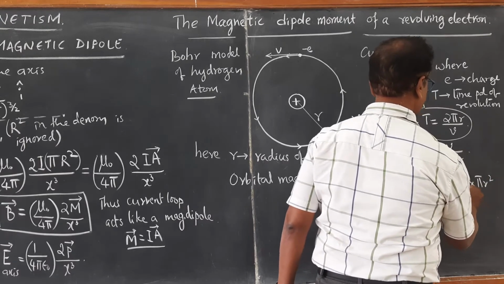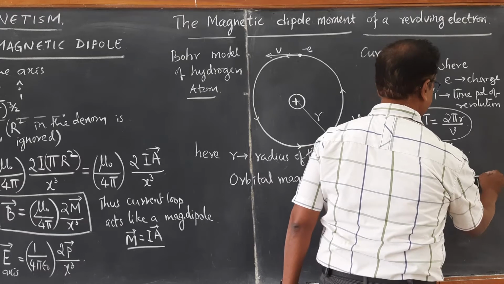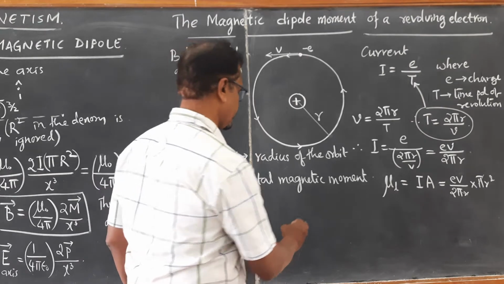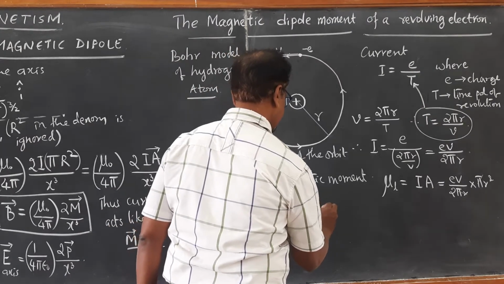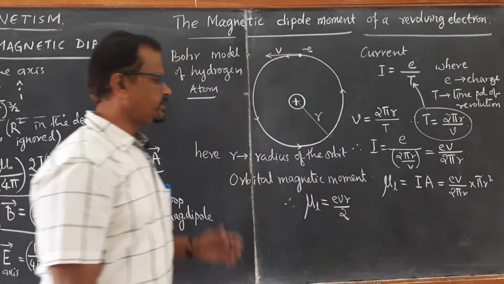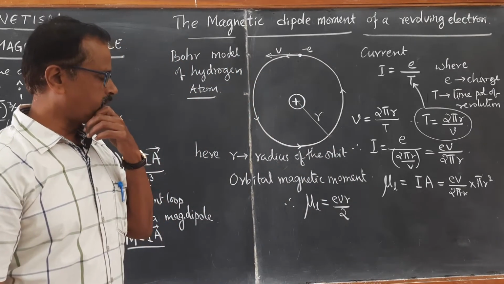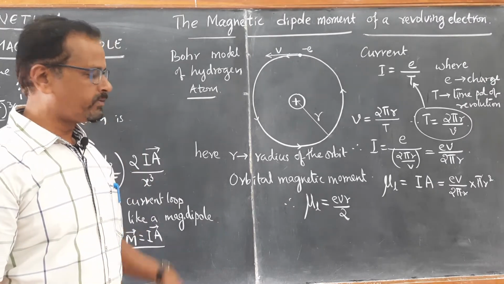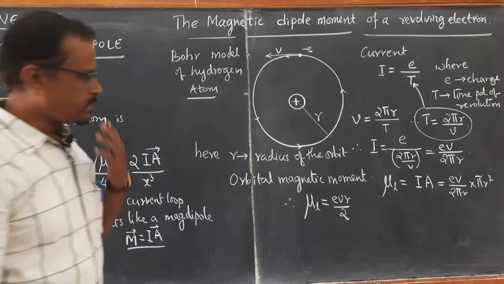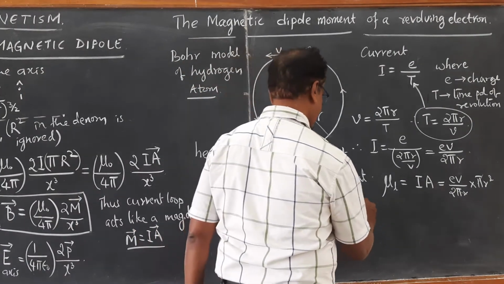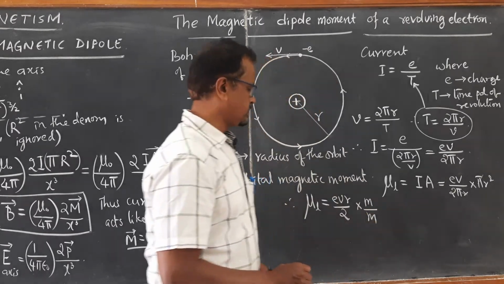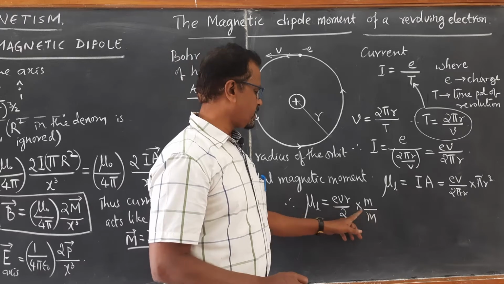So pi and one r cancel, and you are left with e v r upon 2. Therefore, the orbital magnetic moment becomes e v r upon 2. Here we multiply and divide by m, the mass of the electron. Then we get e into m v r upon 2m.